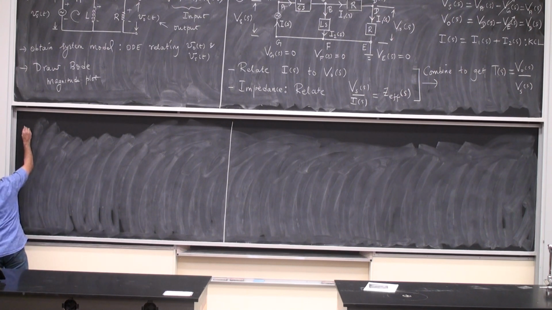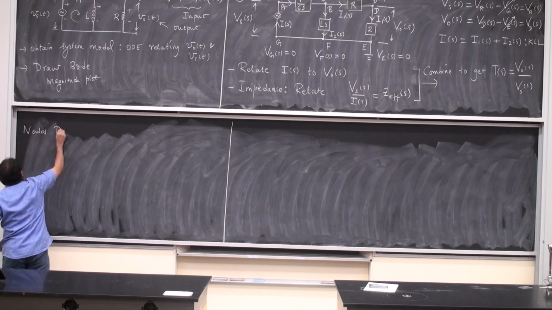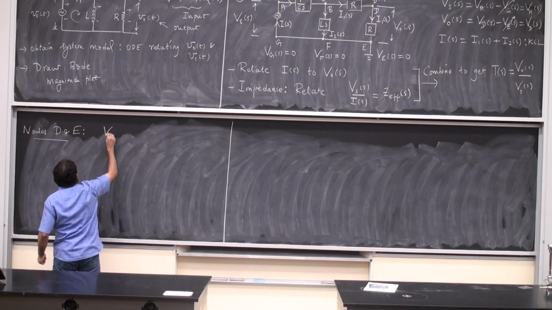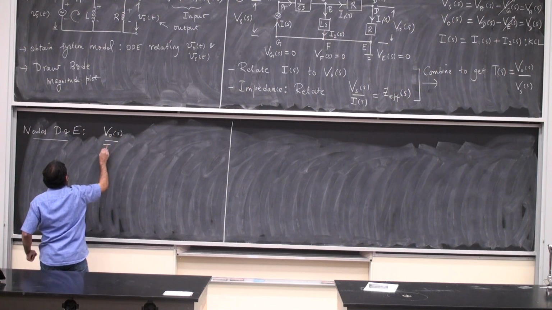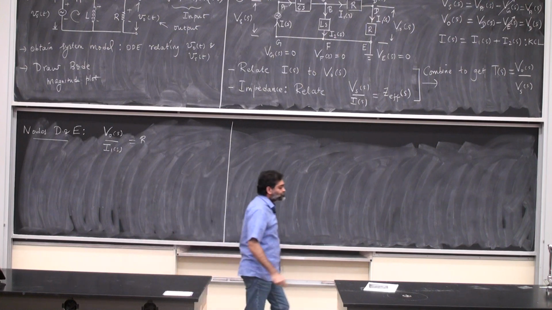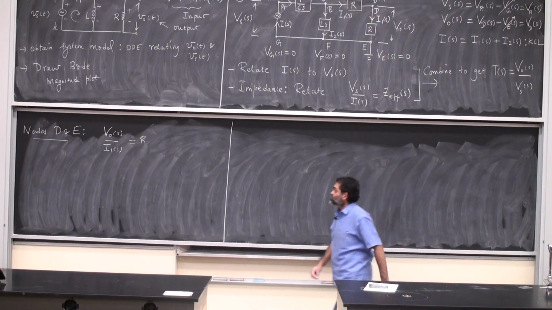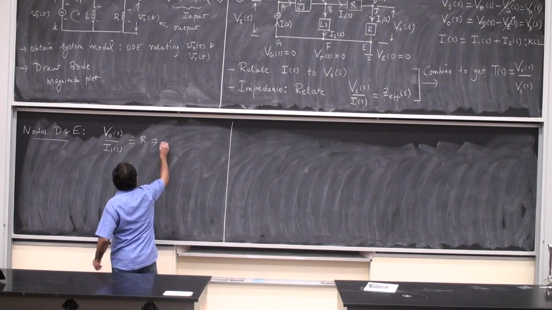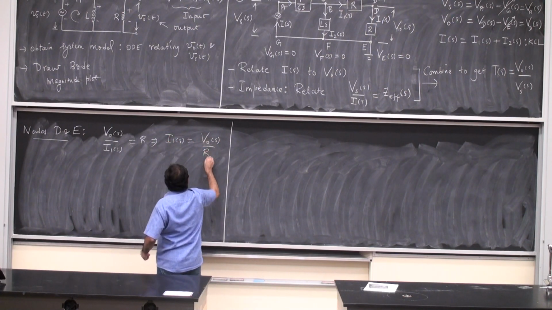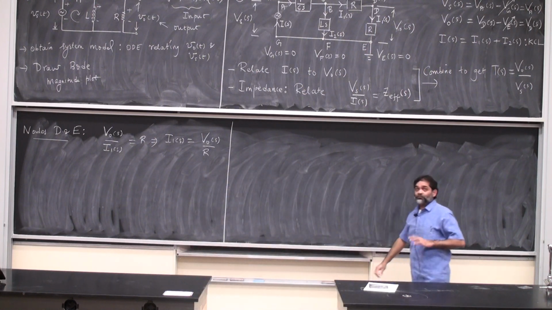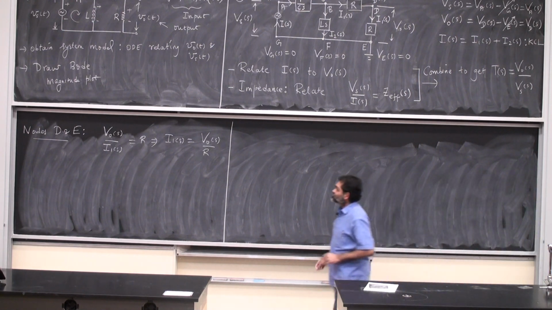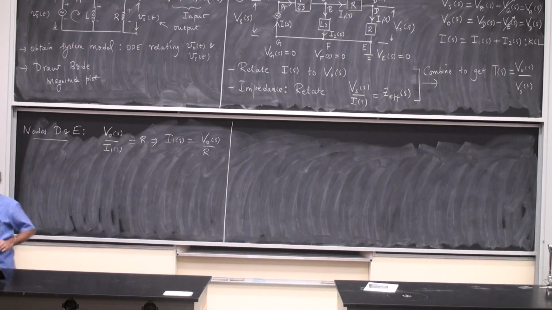So between nodes D and E is equal to R, capital R, which means that I1 is V0 divided by R. And you are under no obligation to follow this procedure. If you have learned something different in circuits, I just need the same answer. I don't care. And that's my first equation.